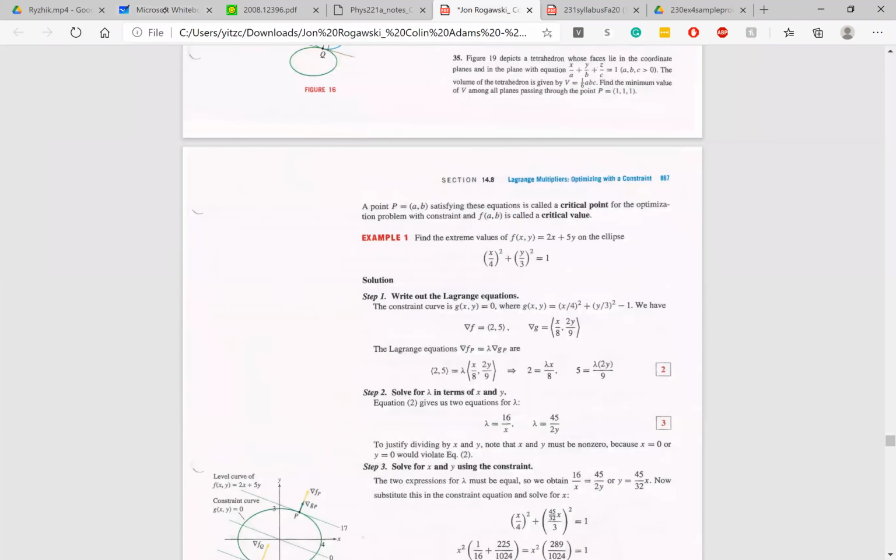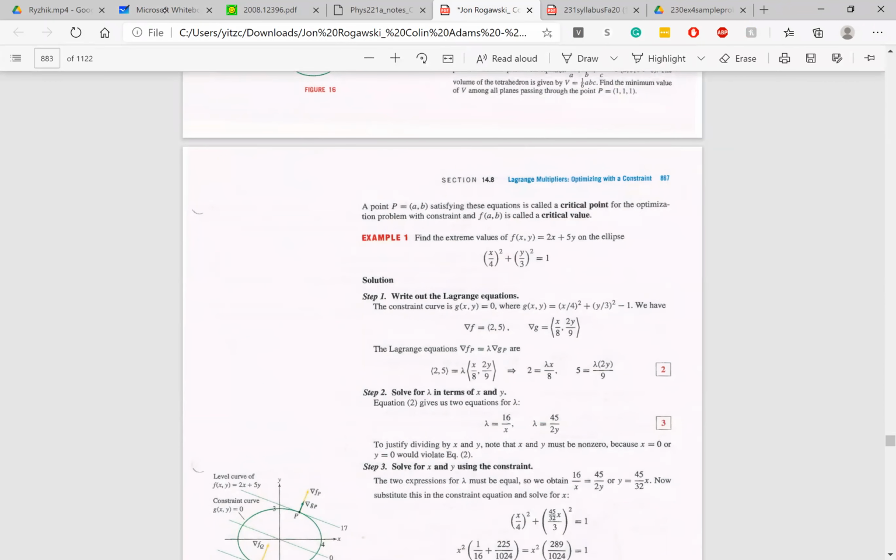Good. So these are our two functions, and the constraint is the latter one. So we find the extreme values of this function on this ellipse.